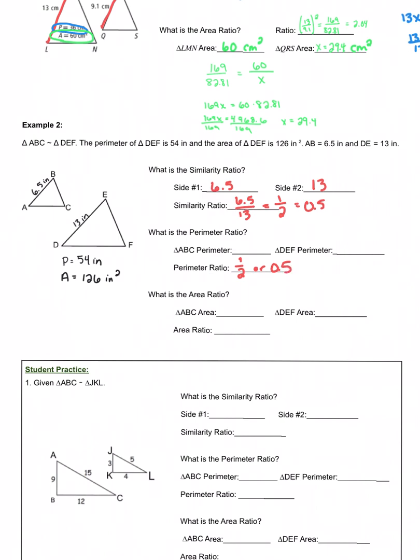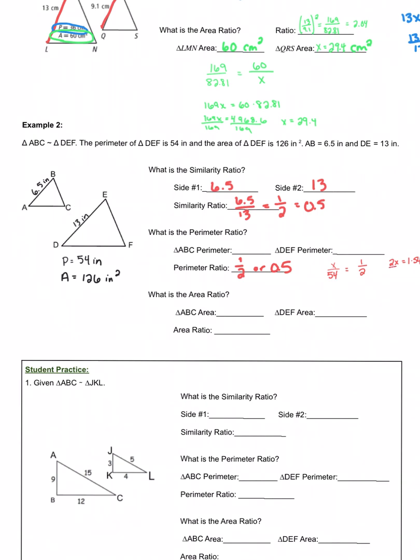So when I do the perimeter, we're going to use our first triangle perimeter, which we don't know yet. So let's do x over, our new perimeter is 54, and that needs to equal the same ratio, so 1 over 2. So let's go ahead and multiply our extremes and means. 2x is going to equal 1 times 54.